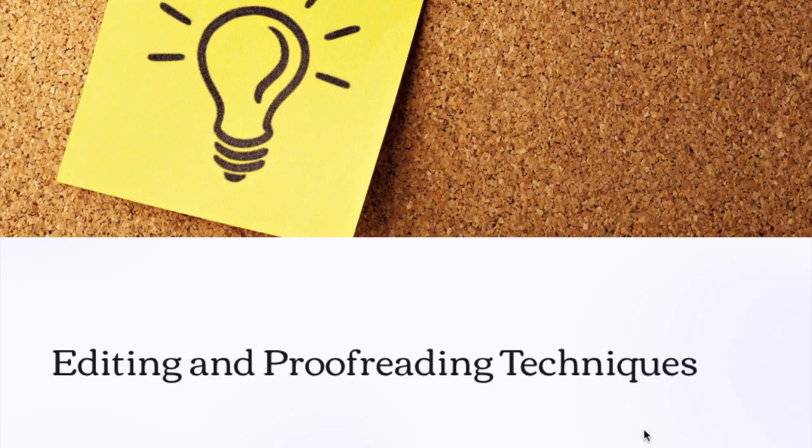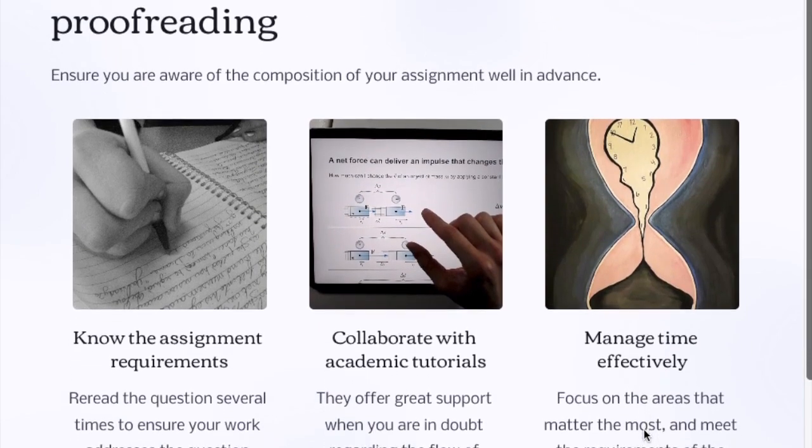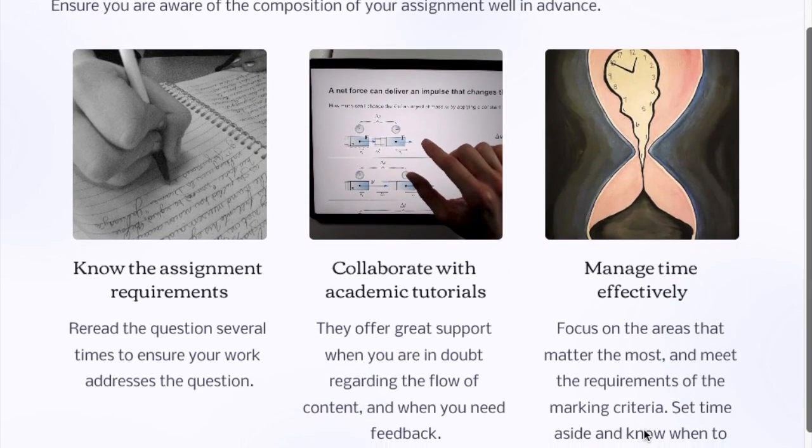What I'm going to do now is provide some techniques that will help you edit and proofread effectively and efficiently. It's really important to maintain focus during the editing and proofreading stages, and to understand what the composition of your assignment needs to be well in advance.